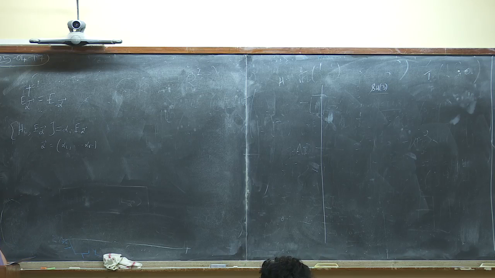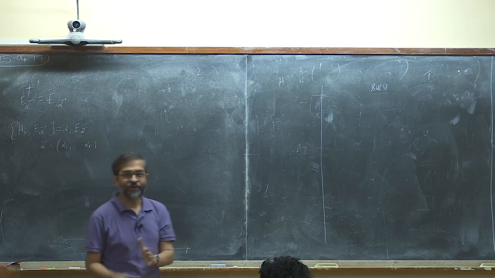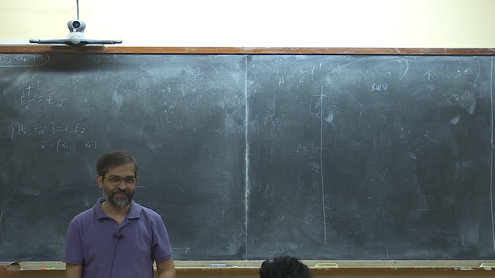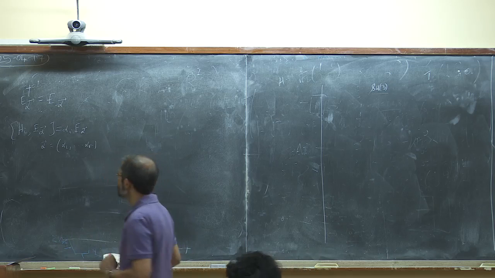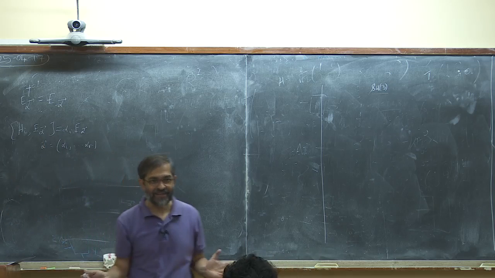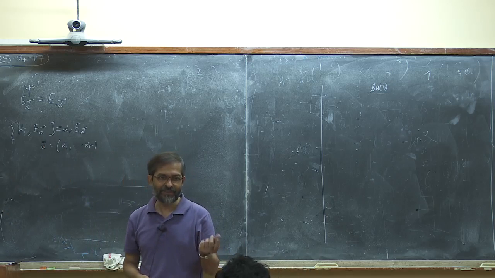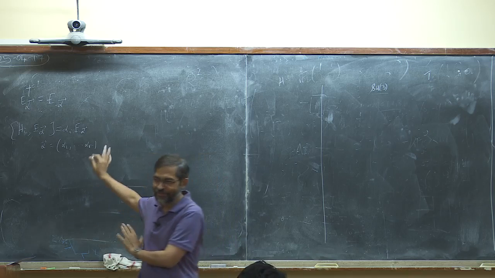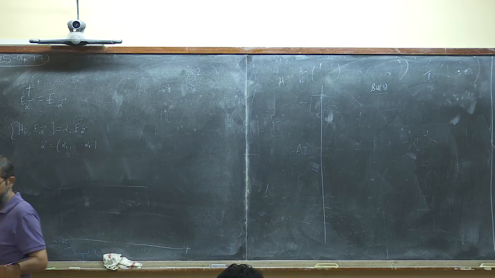There is a label for which alpha it is, and that label is implicit here. So indeed, how many alphas are there? Dim G minus R. Yes. So there is a label like that. You're right, but I'm sort of suppressing that label.